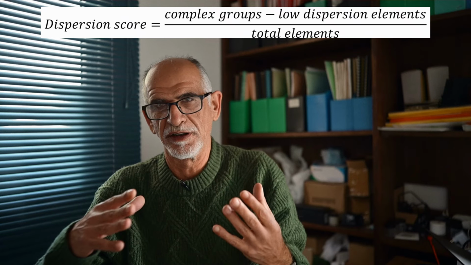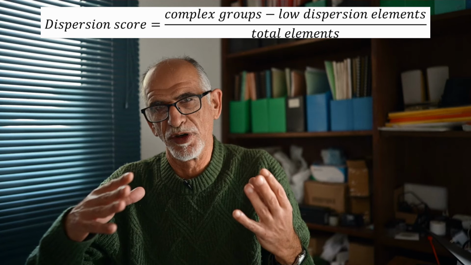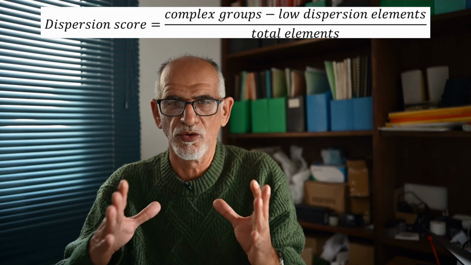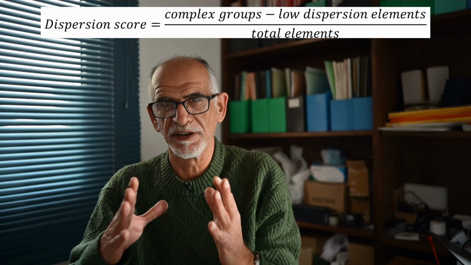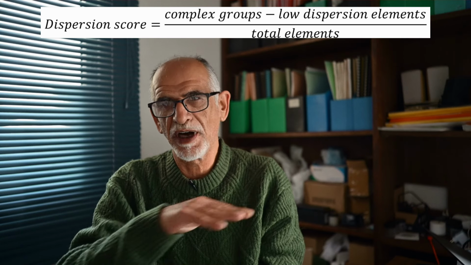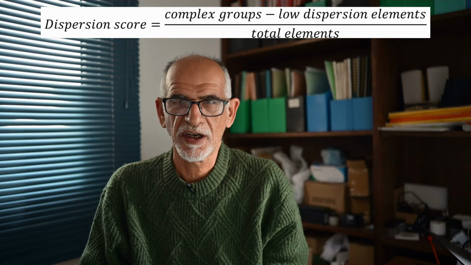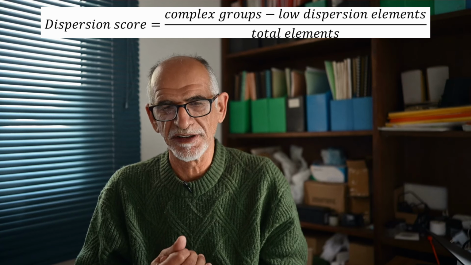I call that index dispersion score, calculated by subtracting the number of low dispersion elements in the lens from the number of complex groups that contain more than one glass element cemented together, and then dividing that subtraction by the total number of elements.